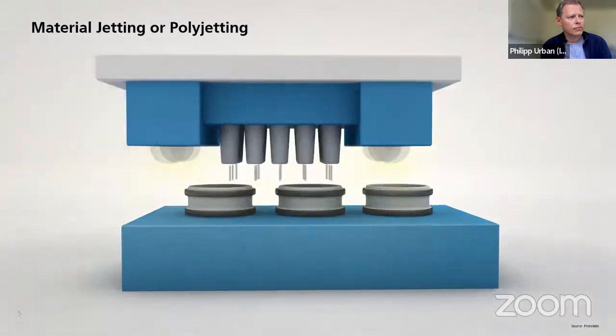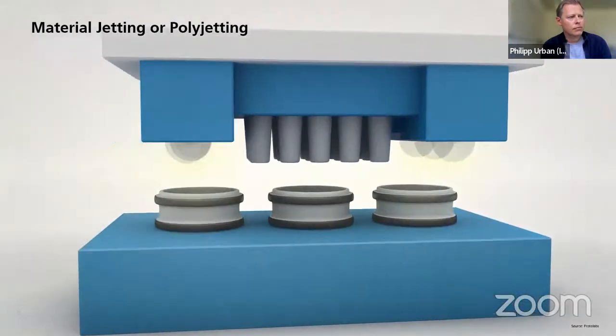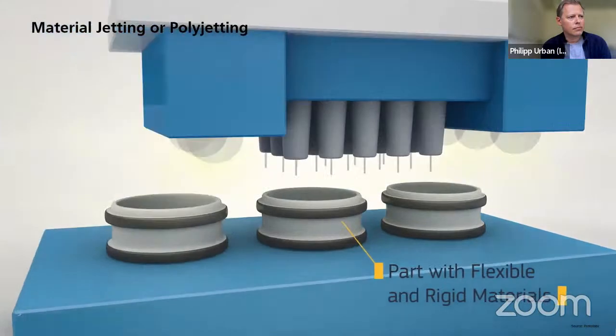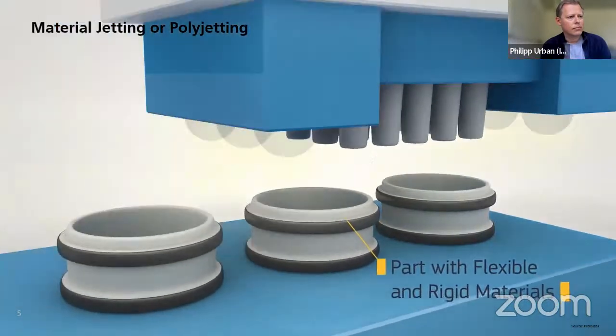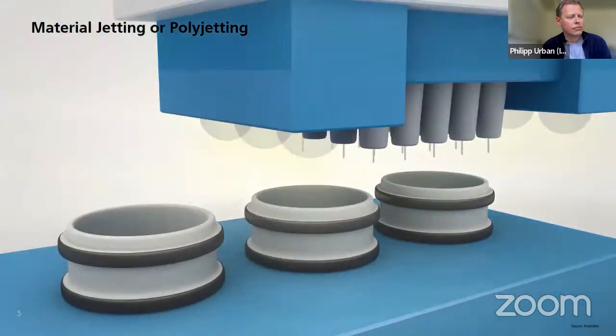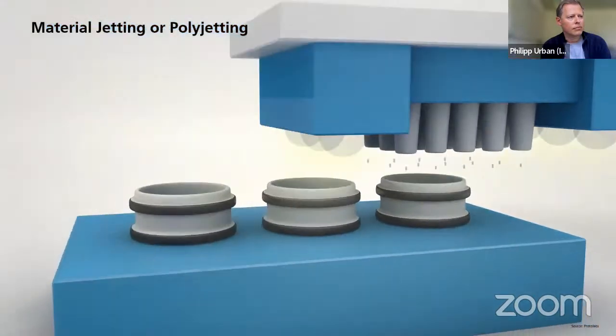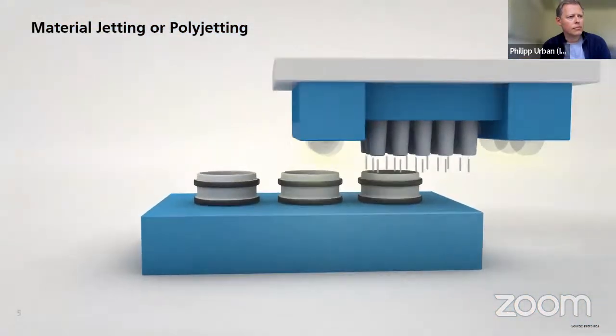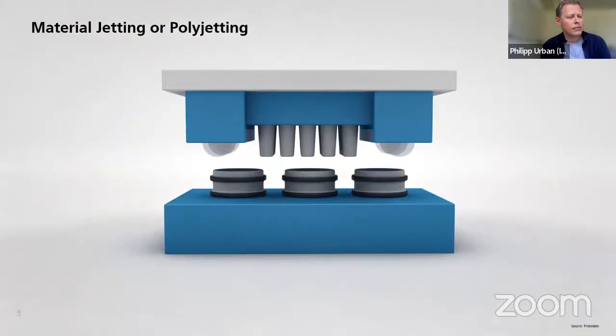Voxels, or three-dimensional pixels, are strategically placed during the build to allow for the combination of both flexible and rigid materials. The fine layers of digital materials accumulate on the build platform to create accurate final parts. So that's a very quick description of the technology.